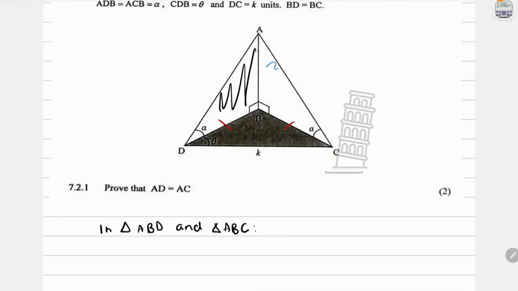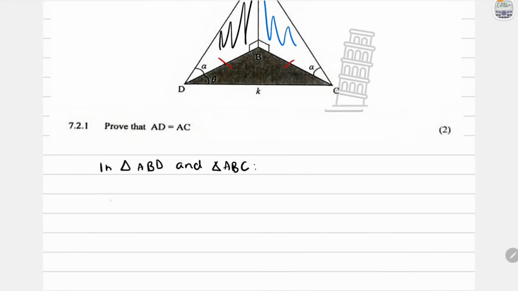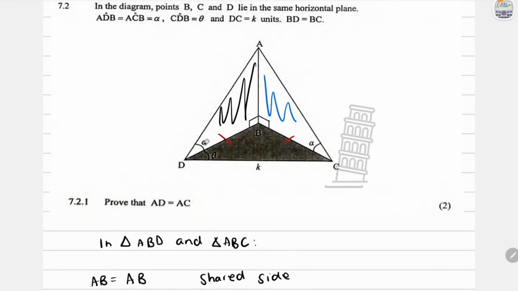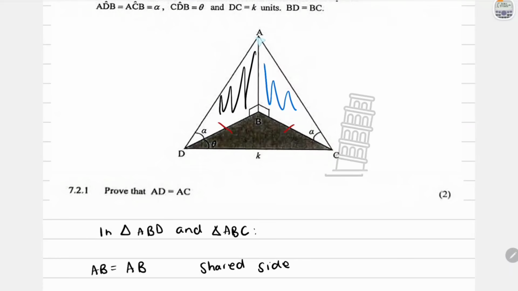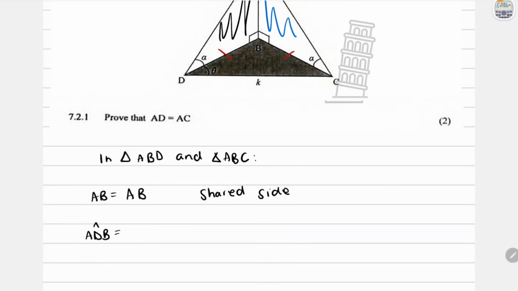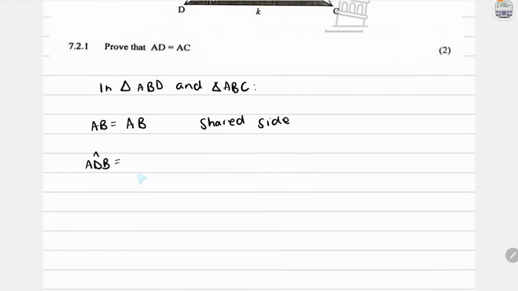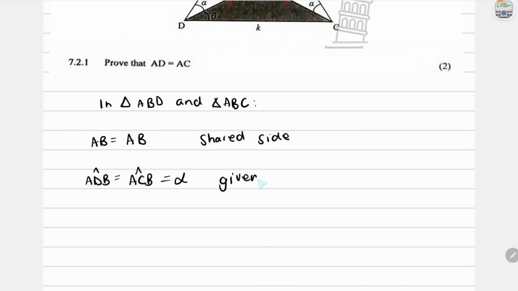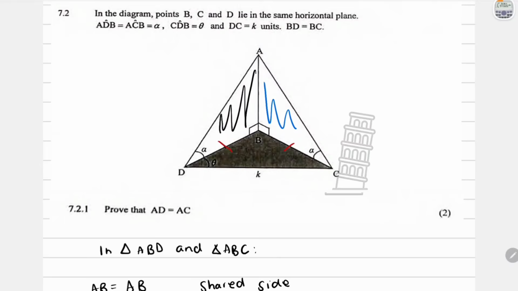So AB is equal to AB. I'll just put the reason: it's a shared or common side. Then we have equal angles as well. So angle ADB is equal to angle ACB, and they both equal alpha. That is a given angle. We didn't find that. That was already there.